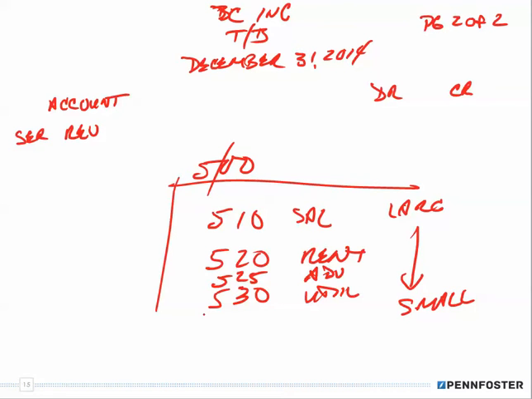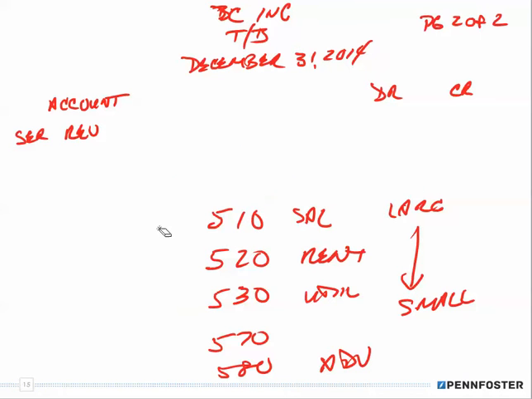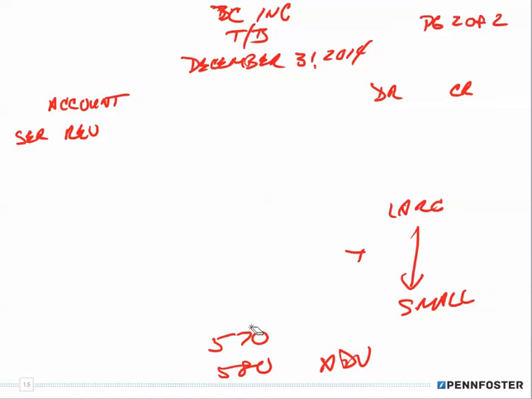It would not make sense to have accounts all the way down to 570, and then at 580 you put your advertising in. You want the same set of standards, the same uniformity. So space your numbers out so that if you need additional accounts, you can insert them into the proper place.